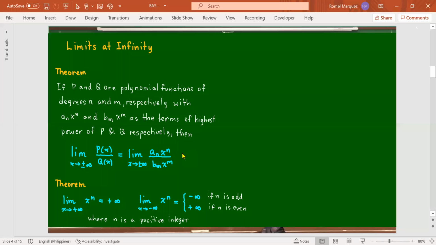So here also the n and the m are integers. This is an integer. Positive integer. So this is also a positive integer, that m.